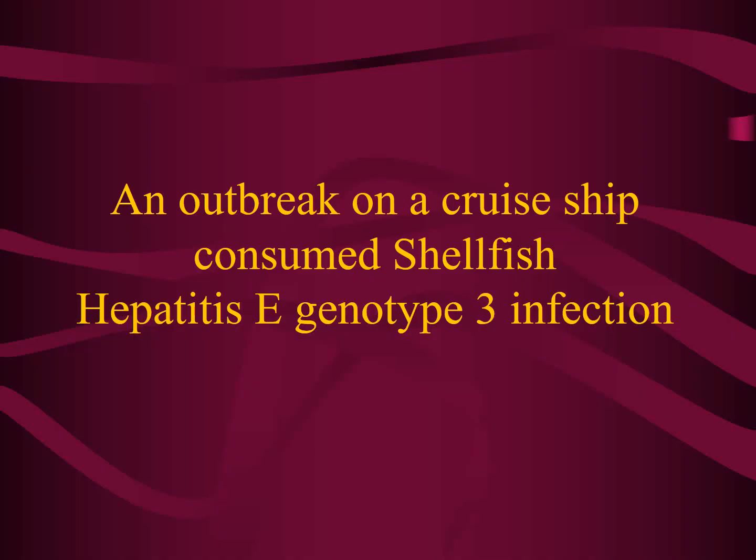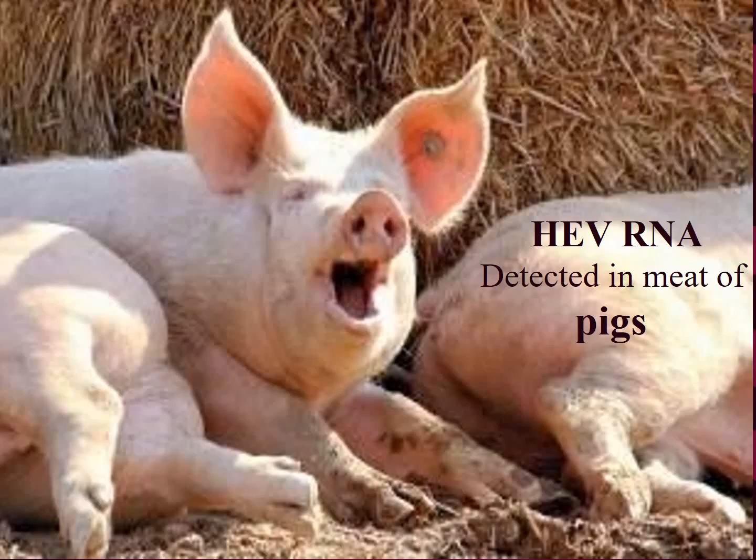From this, we remember an outbreak on a cruise ship where people consumed shellfish. They were infected by hepatitis E virus genotype 3. Therefore, these may transmit the infection to humans. In pigs, we detected the hepatitis E virus in the meat.